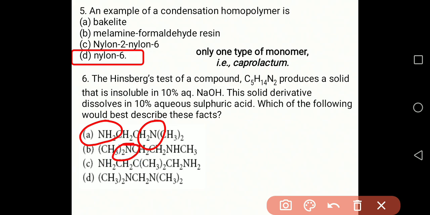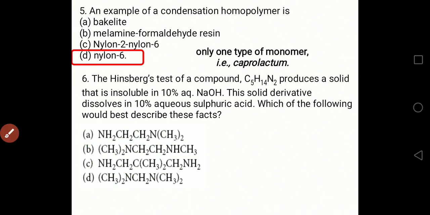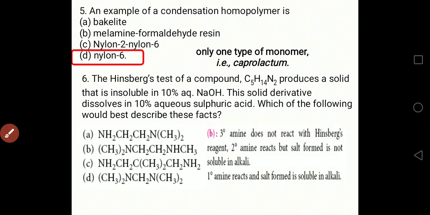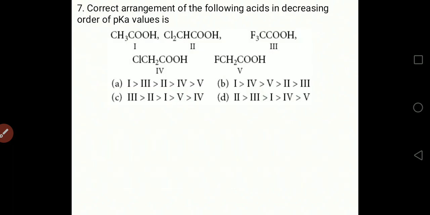Here this is tertiary and this is secondary. But here it is primary, here it is primary, and here it is tertiary. Here it is also tertiary, which means the correct answer for this question is B. Remember, there is a secondary amine present. So the answer for this question is B.